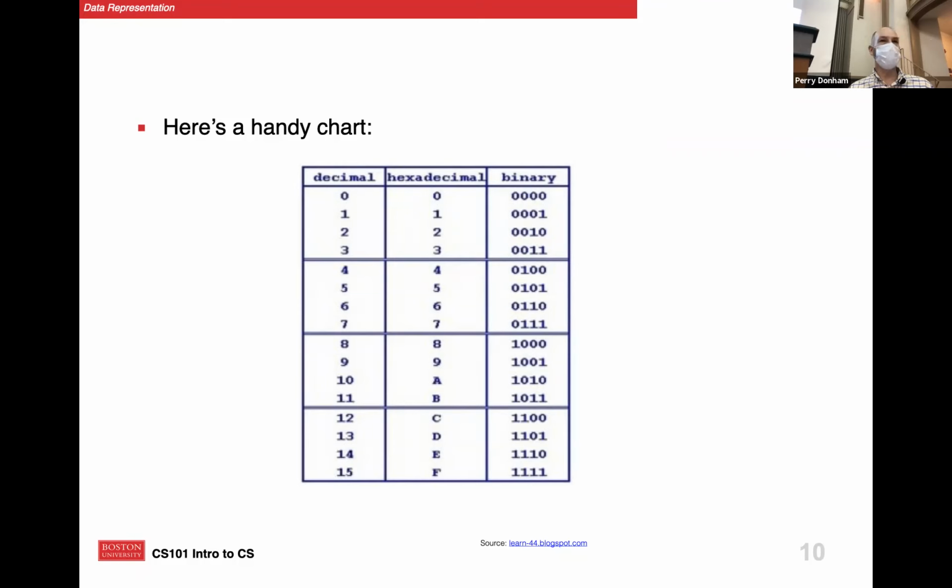It's 2 to the 8th. What's 2 to the 8th? 256. Very good. So I can have values from 0 to 255 in 8 bits. I can represent values from 0 to 255 in 2 hex digits all day long.